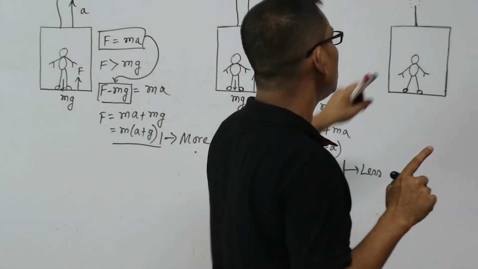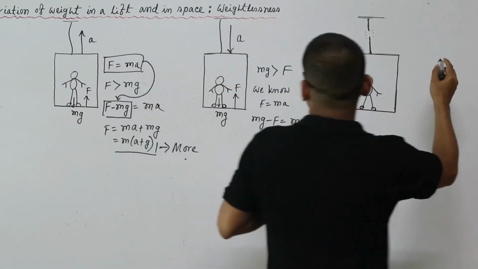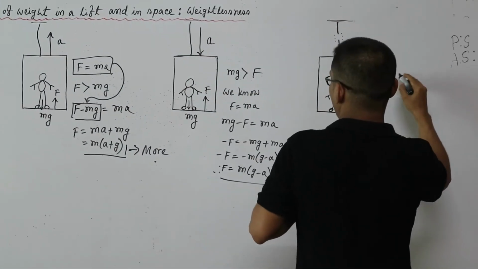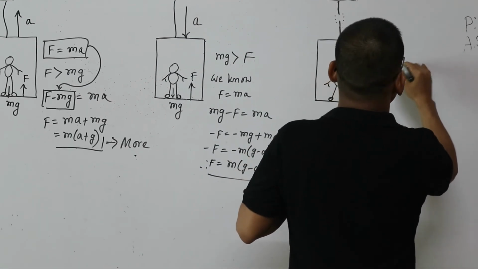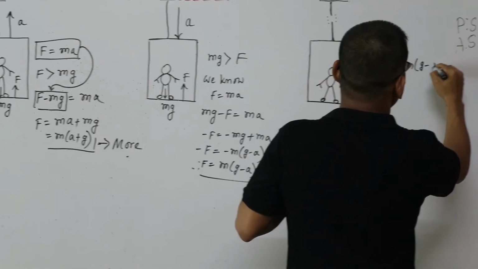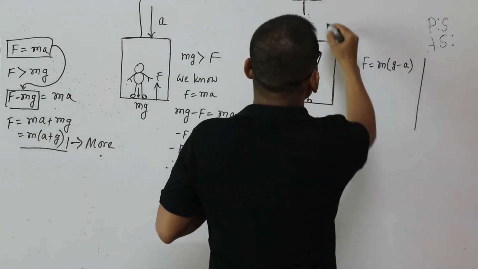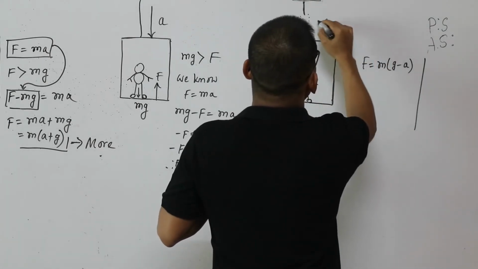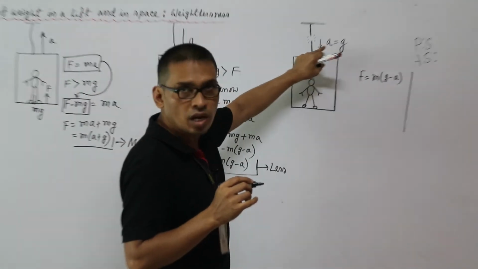What happens when the rope of the lift is disconnected? At that time we can write F equals m(g minus a). At that time, the acceleration of the lift equals the acceleration due to gravity.